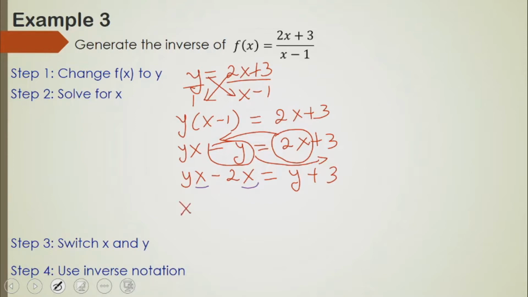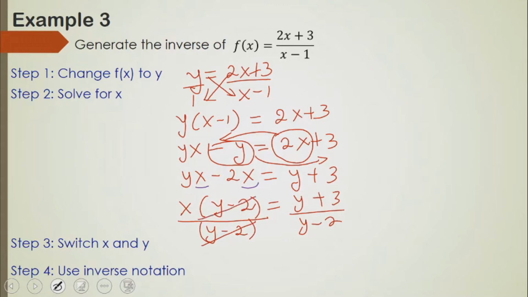So I factor out the x, then I have y minus 2 left equals y plus 3. So to be able to isolate my x, I need to divide both sides by y minus 2. So x will equal y plus 3 divided by y minus 2.